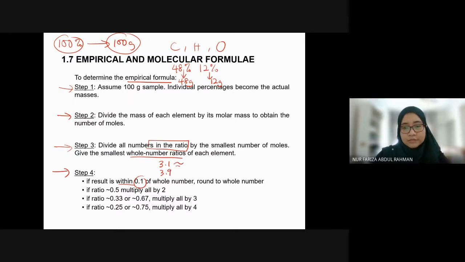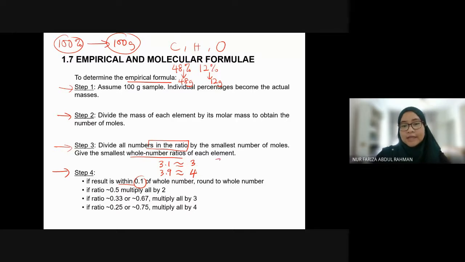You can straight away convert 3.1 into 3, and 3.9 you can convert to the closest whole number, which is 4, because it is within 0.1 of the closest whole number. So we can just simply convert into the closest whole number.